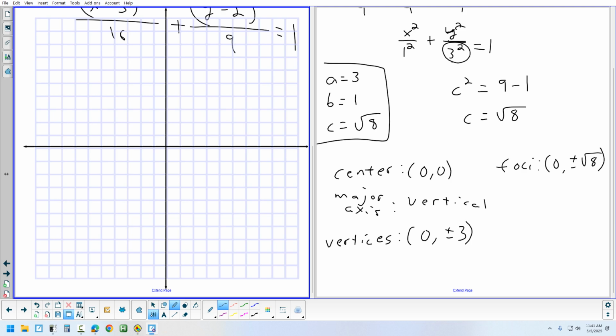What's the length of that? Maybe 6 units. So 6 units centered around the origin, going up and down. 1, 2, 3. Okay, so there's the length. And what's the width of the ellipse? 2 units. 2 units centered around the origin, left and right. Okay, so there's your ellipse.